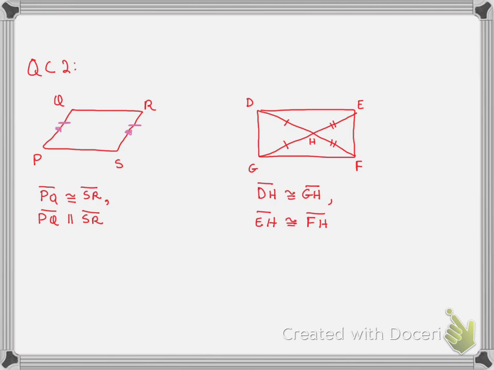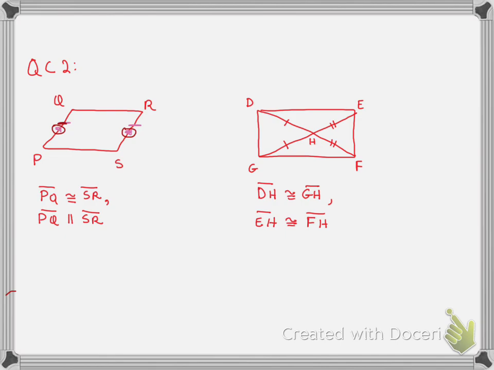Here we're given this set of information and we're asked, is that enough to prove that PQRS is a parallelogram? Remember, if a quadrilateral is a parallelogram, opposite sides have to be parallel, and here they are right here. And opposite sides have to be congruent.